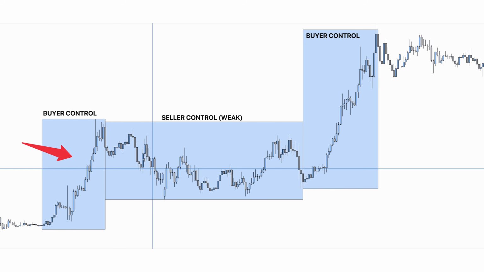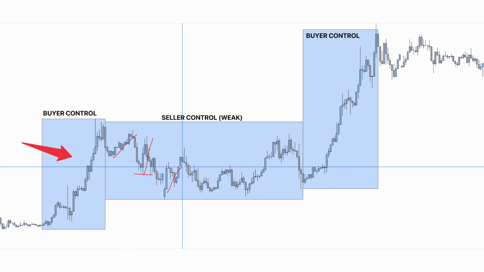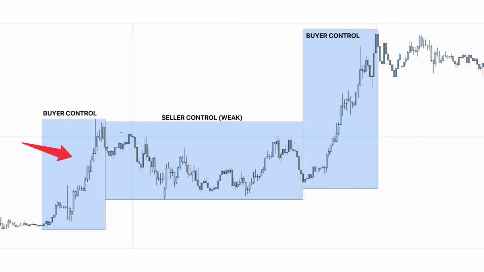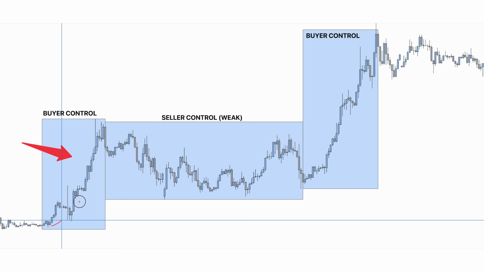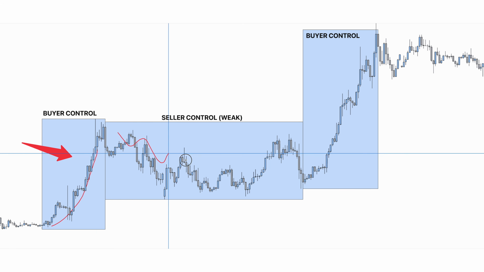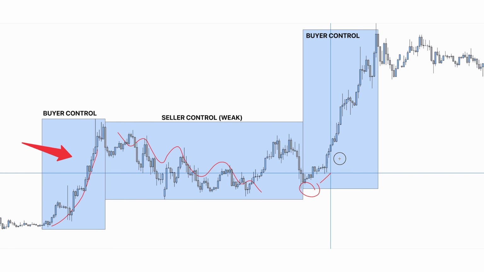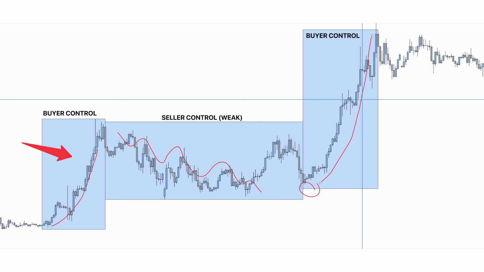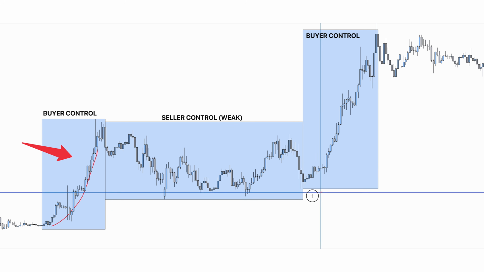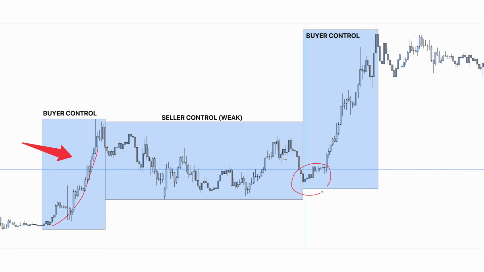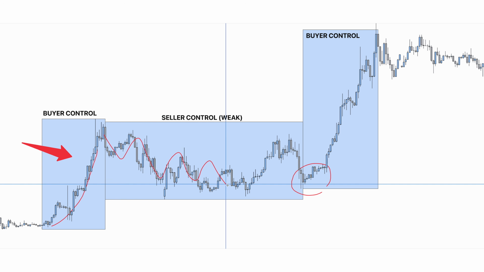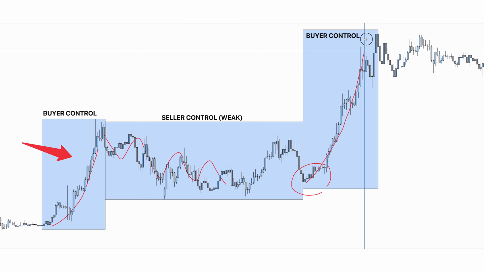And we see that even during the sell phases, we're seeing these pushes of strong buying momentum, which is going against what the sellers are trying to achieve. So if we can see clear control from buyers and clear weakness from the sellers, this tells us the next likely movement is probably going to be more control from buyers. So in this instance, we would look to take buys against the downward movements in the market here to continue the next phase of buyer control.